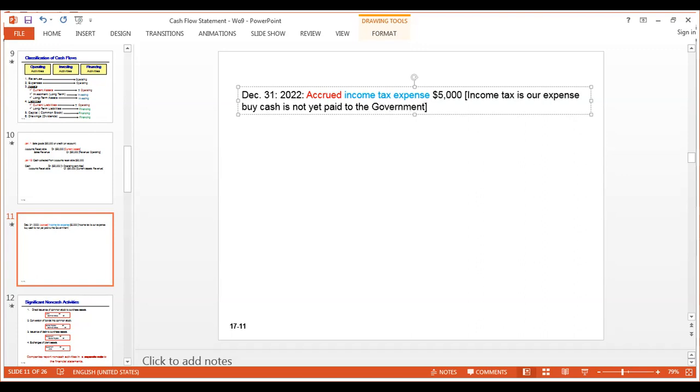This is the meaning of this transaction. Income tax is already our expense, but we have not yet paid cash to the government.